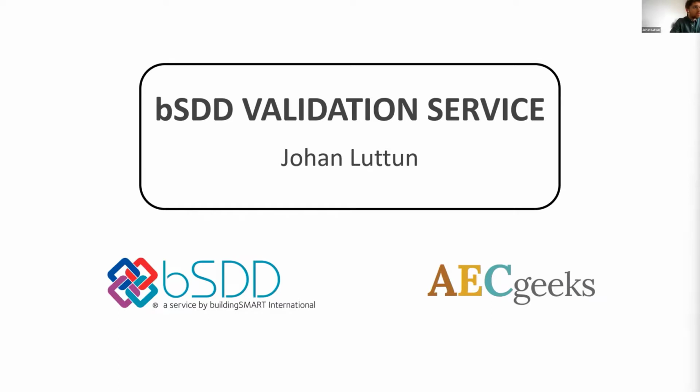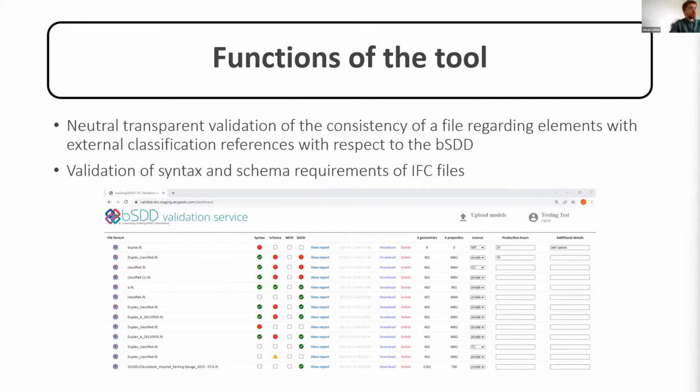Okay, so hi everyone. I'm going to present the progress in the bSDD validation service. So the function of the tool is quite simple. It enables to provide a neutral, transparent validation of the consistency of a file. So this is the main purpose regarding elements with respect to the bSDD.